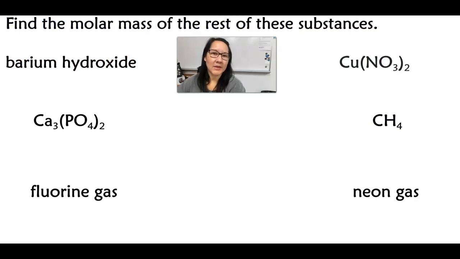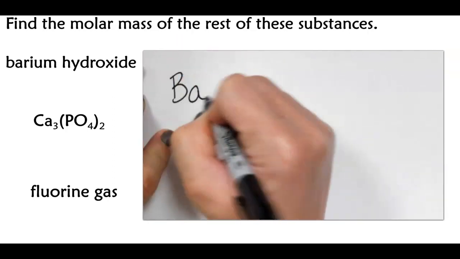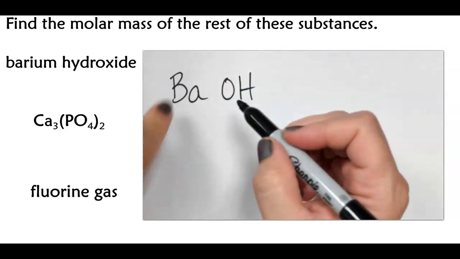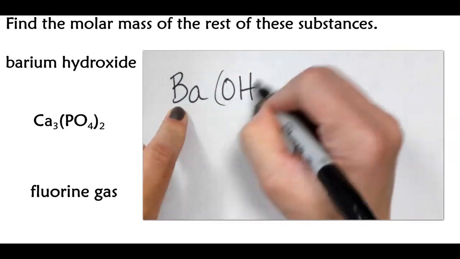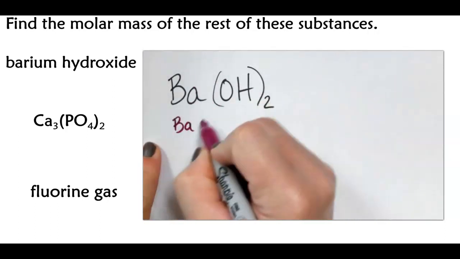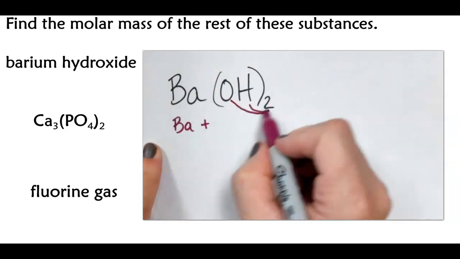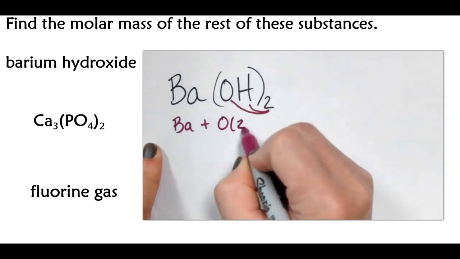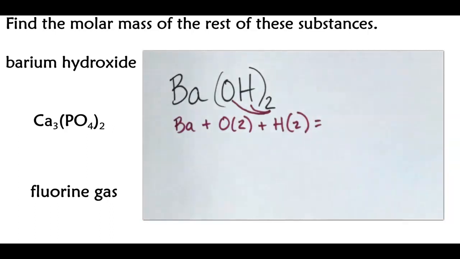Now let's find the molar masses of all of these examples and then unpause the video to see the answers. First, we need to write the formula for barium hydroxide. Barium is a +2, hydroxide is a -1, which means I need 1 barium and 2 hydroxides. Now, when I want to add this up on the periodic table, I'm going to need 1 barium plus this 2 distributes into the parentheses only, so I'm going to have oxygen times 2 plus hydrogen times 2, and that's going to equal the molar mass.